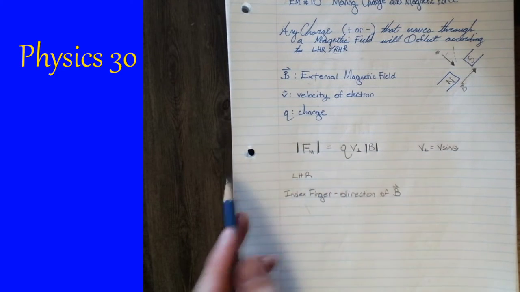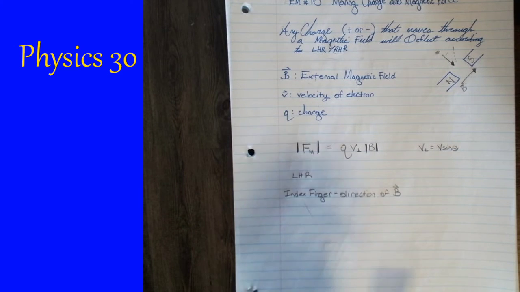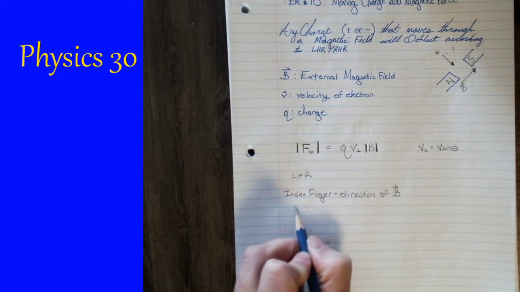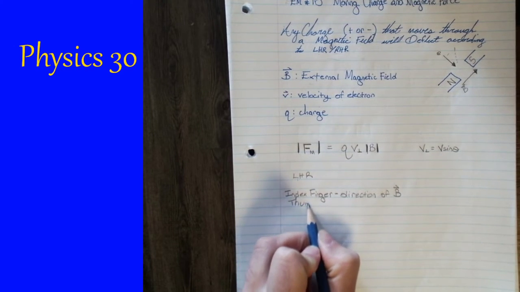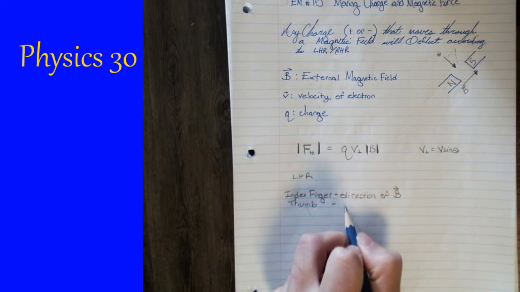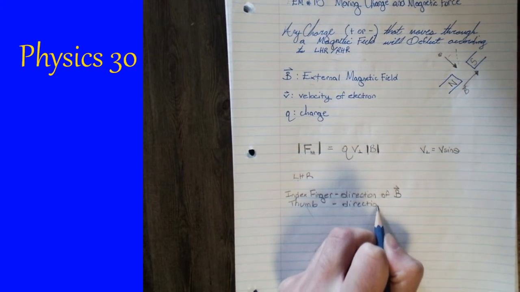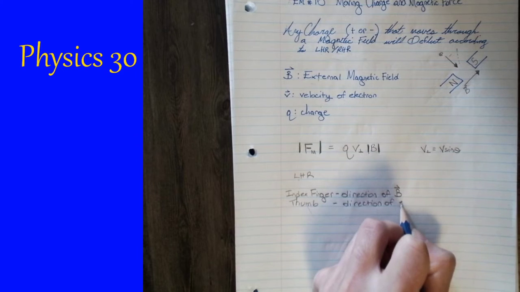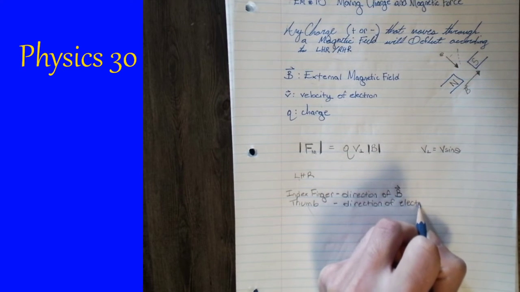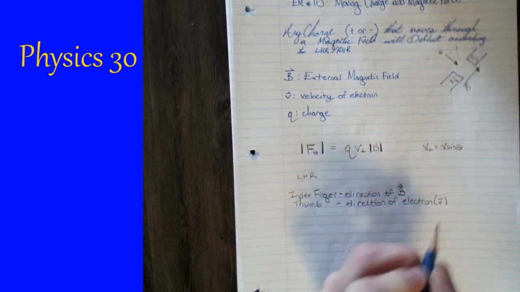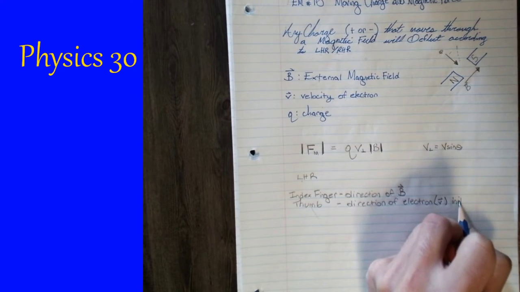So even in the right-hand rule, the index finger is still the direction of the magnetic field. The thumb is the direction of the electron, or the direction of the velocity initially.